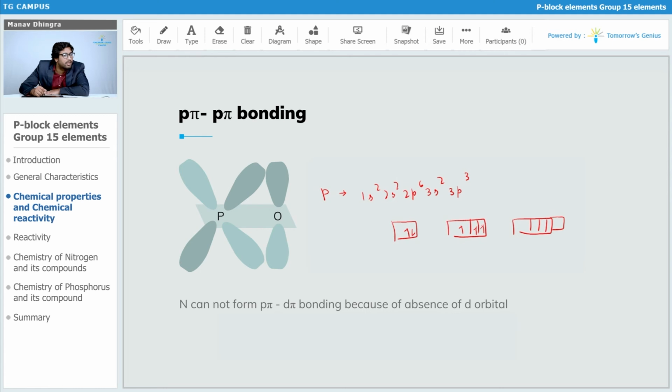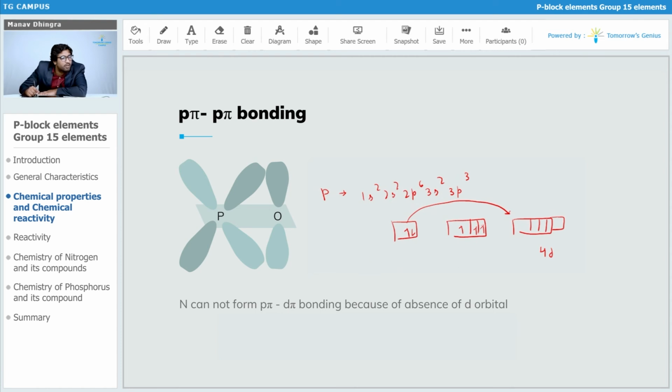From this electronic configuration, you can see phosphorus can make 3 bonds, but you people know PF5 and PCl5 also exist. Why does it happen? Because one electron is promoted to the 3d orbital, sorry, I had written 4d.